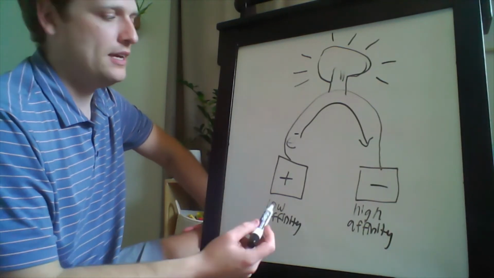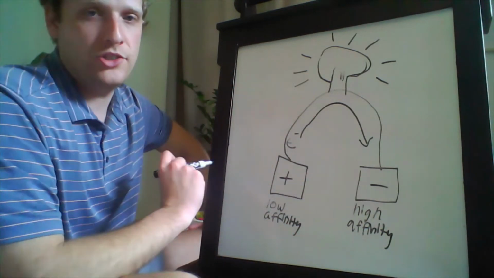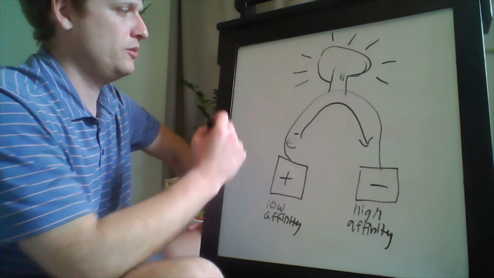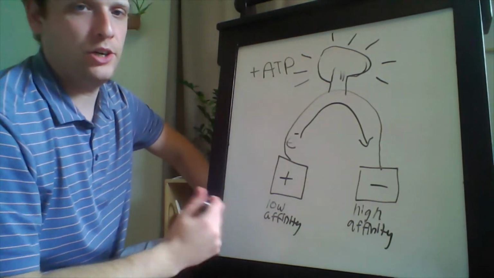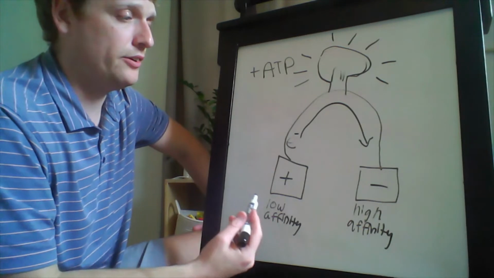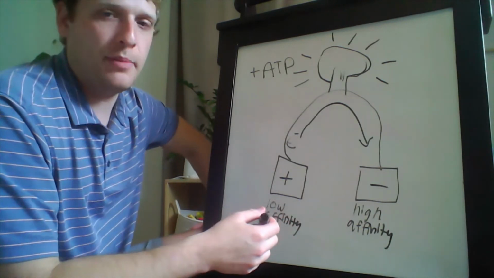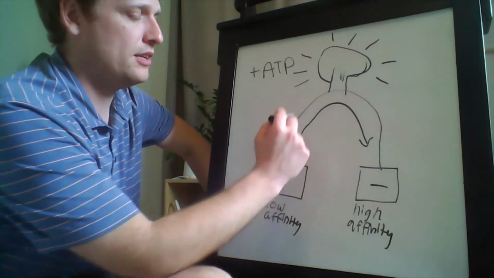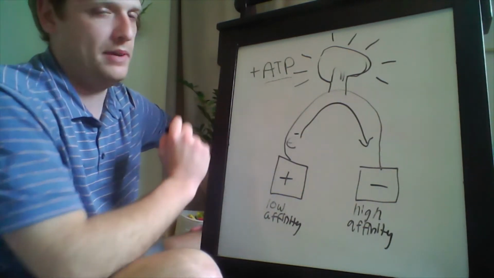Now your body basically does this same process, but instead of generating light, it's going to produce ATP. Your body, particularly the mitochondria inside every one of your cells, are kind of like biological batteries. They're harnessing the flow of electrons to produce ATP.